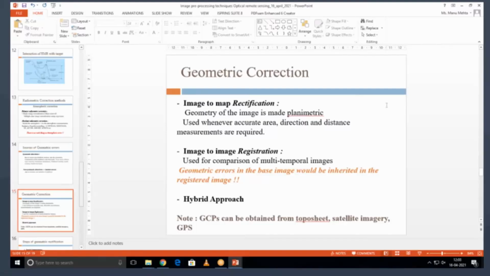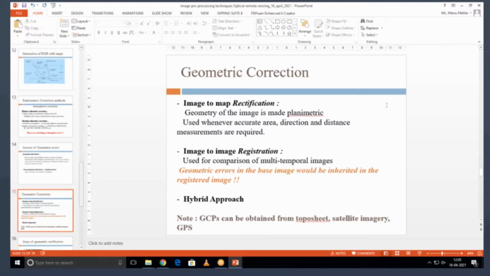However, suppose there is a situation where you don't have an actual topo sheet of the data, or you do not have the actual ground coordinates, but still you want to make some comparative analysis. Several times we have geometrically corrected images of certain areas, and we have another image which is raw data.